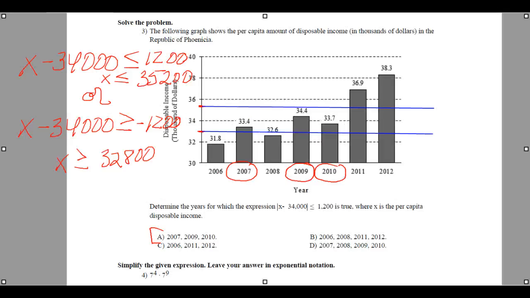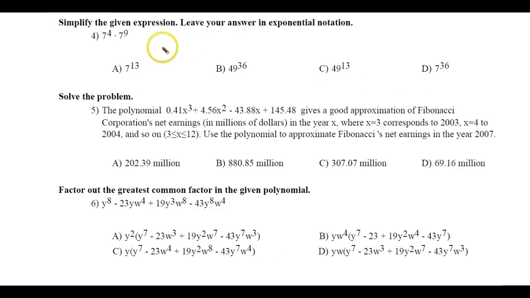Now, in these next few, they're asking us to take a look at what skill we're going to need to solve this. Well, here we're asked to multiply terms whose bases are the same, and the exponents could be the same or different.